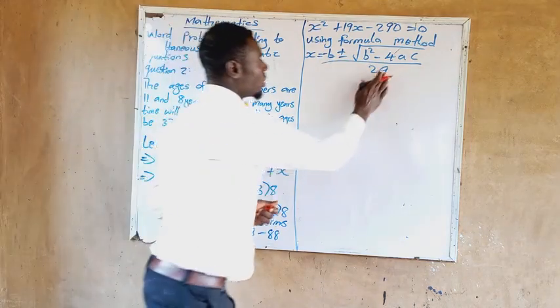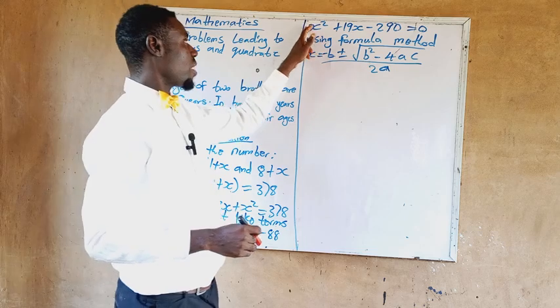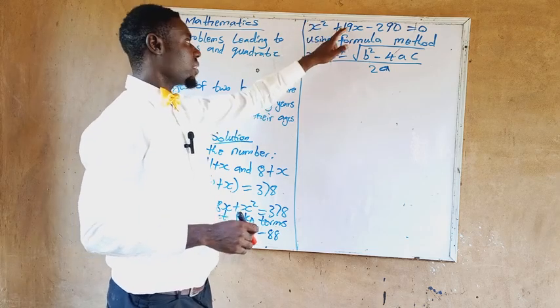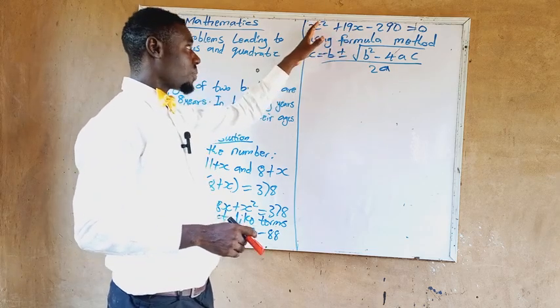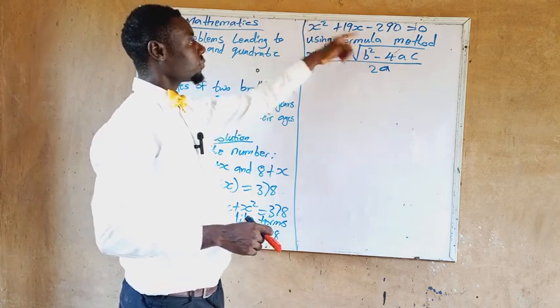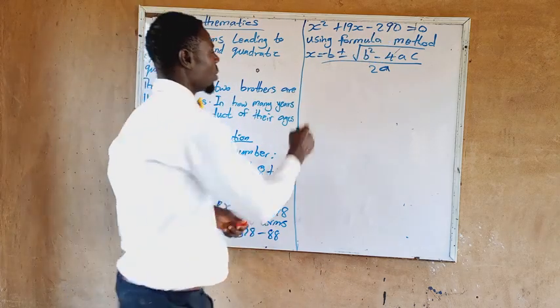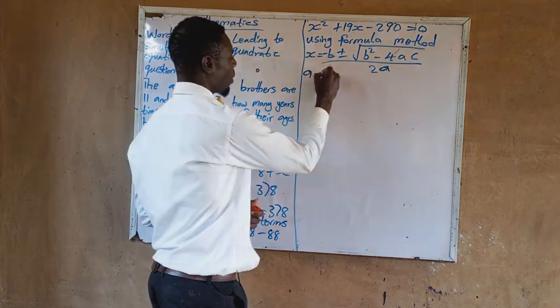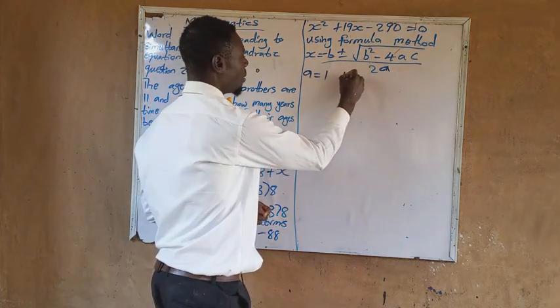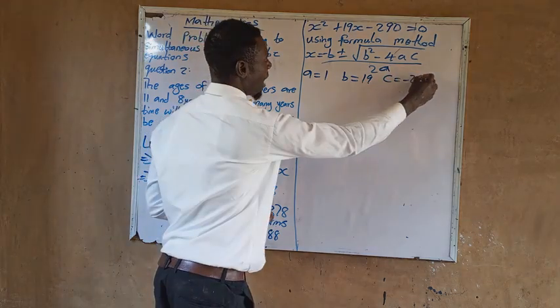The first coefficient is your a, the second coefficient is the number attached to x, the variable, and the last one is minus 290. So a is equal to 1, b is equal to 19, c is equal to minus 290.